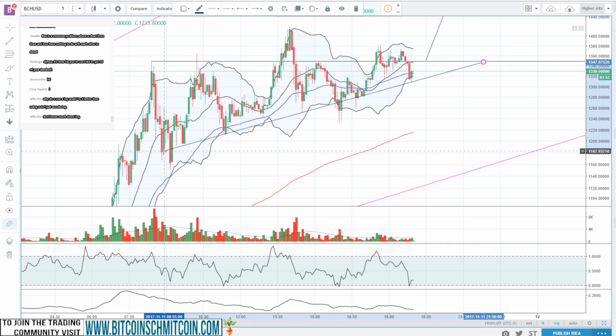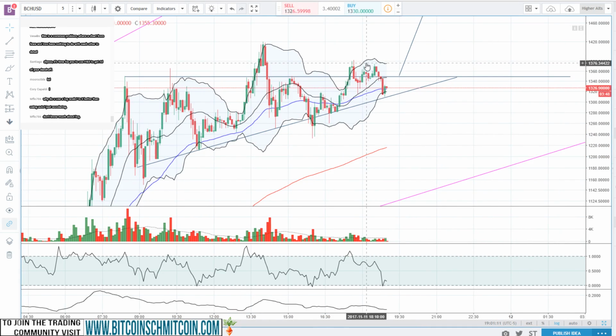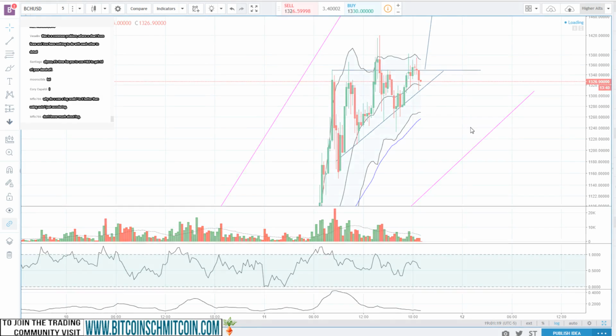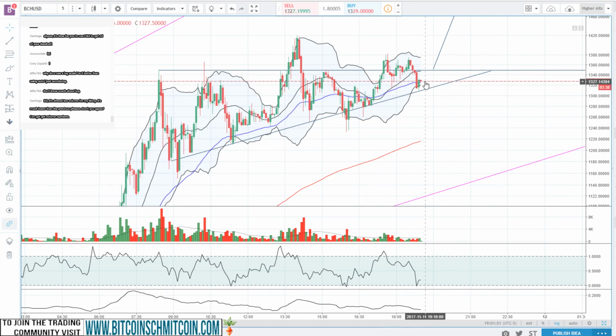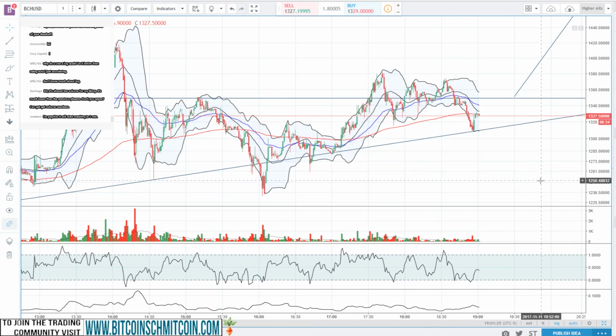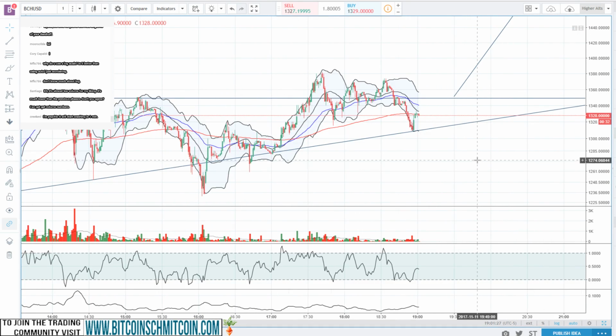This has more connection points. So, maybe this is it. Maybe this is what we're looking at here. Something like that. The trend line down here. 5 minutes still squeezing. The 1 minute, the volume in general is just not very high.